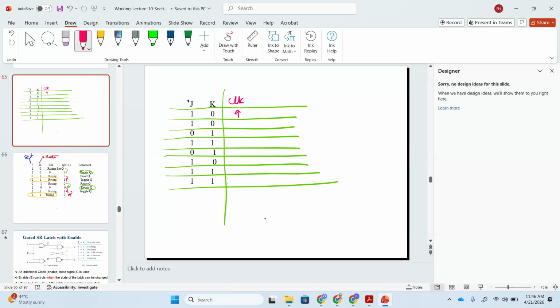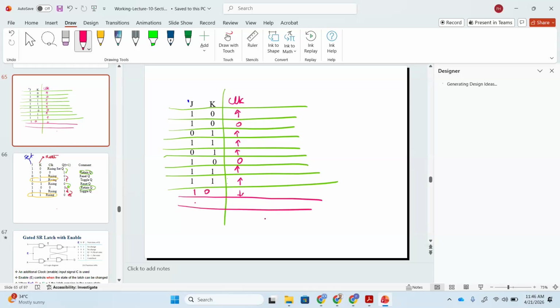And now we have 0, rising edge, rising edge, 0, rising edge, and rising edge. So now we want to find the expression for Q(t+1).